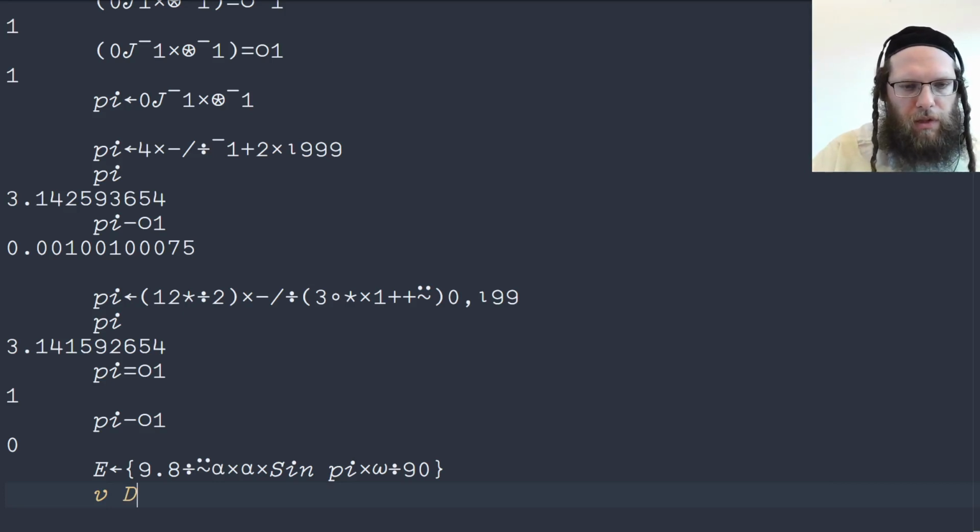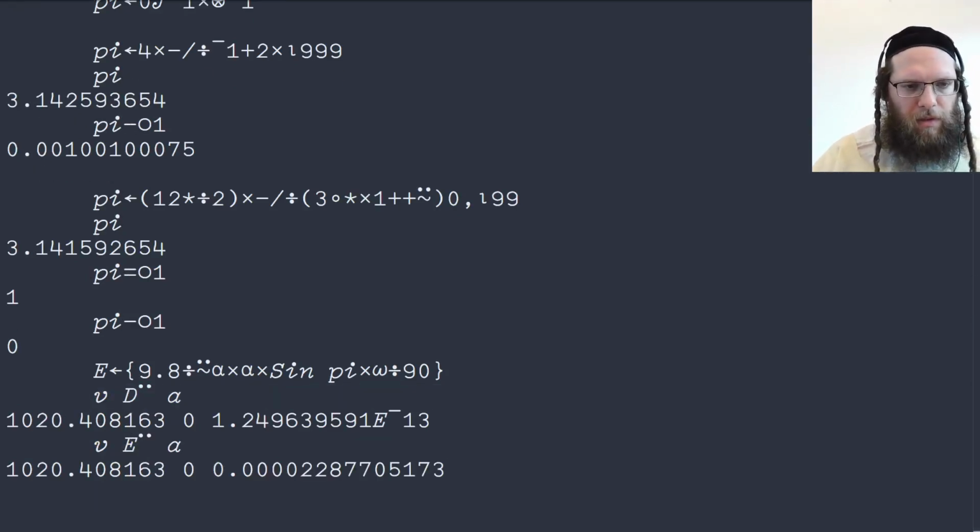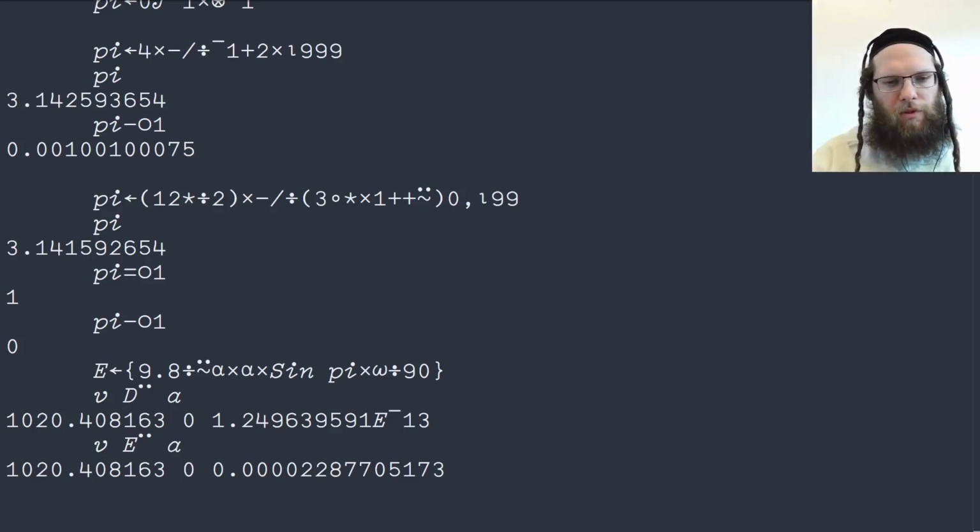We need to use an each here because we're using a series computation. Oh, well, this was the wrong one. This is D, but it doesn't matter. And then E is the new one. And we can see that we get pretty good values for the numbers that are 0 or far away from 0, and a good enough value, even for the one that's supposed to be 0.